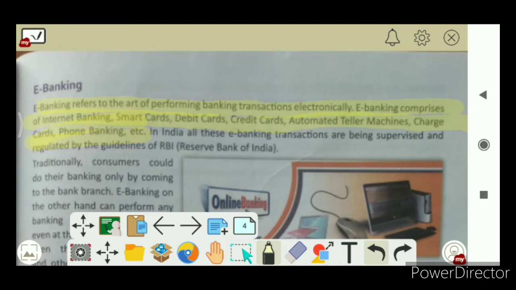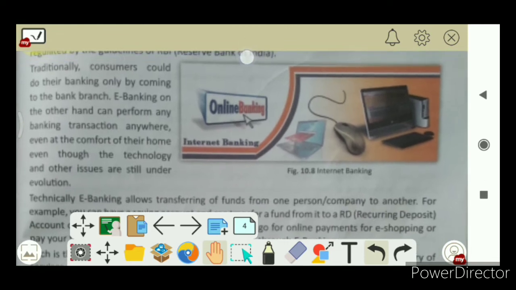Now, generally if you want to do any banking transaction, you will have to go to the bank, and after that you have to do many activities, fill many forms, and so many things are to be done for a transaction.